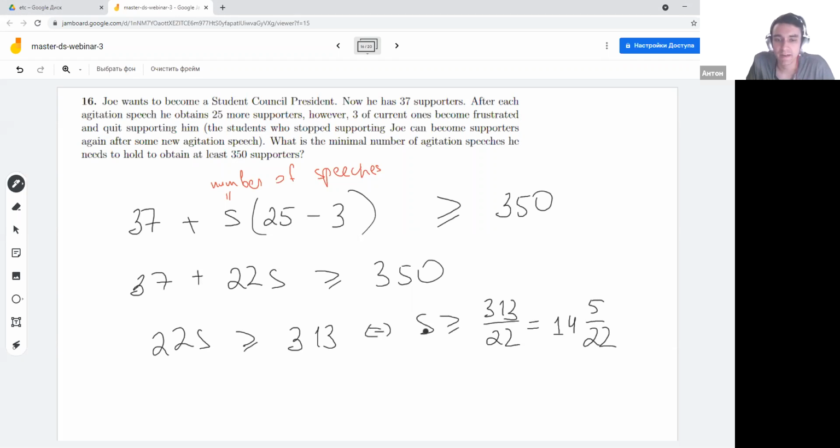Well, so we have S should be not less than this value, but since S is a natural number, nobody can give a half of a speech, or at least not in this problem. A natural number can be greater or equal than this value only if it is greater or equal than 15. So from these 2 assertions, we get S greater or equal than 15, which means that the minimal number is 15. Okay, so 15 is the answer.